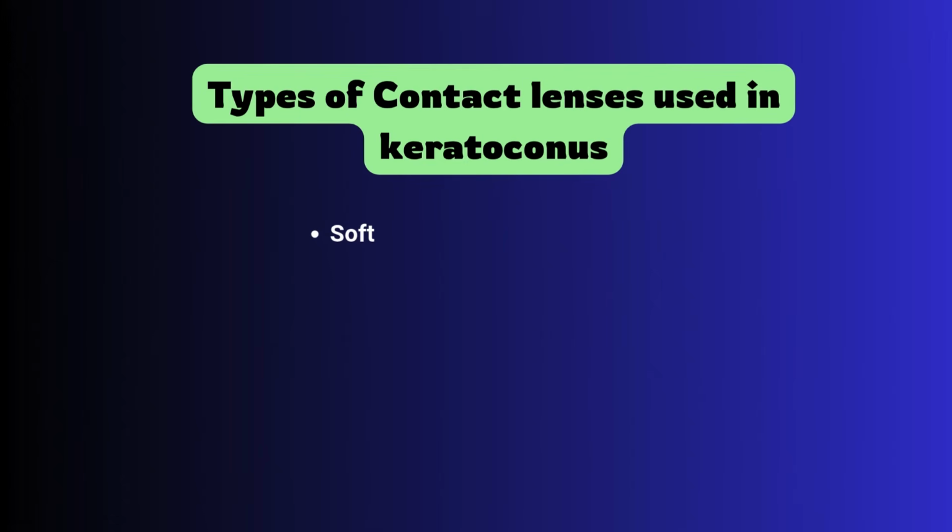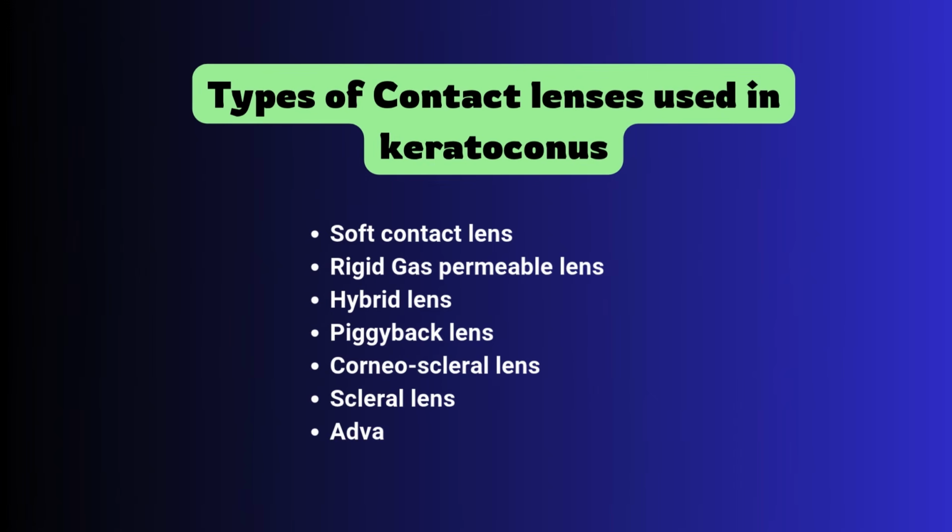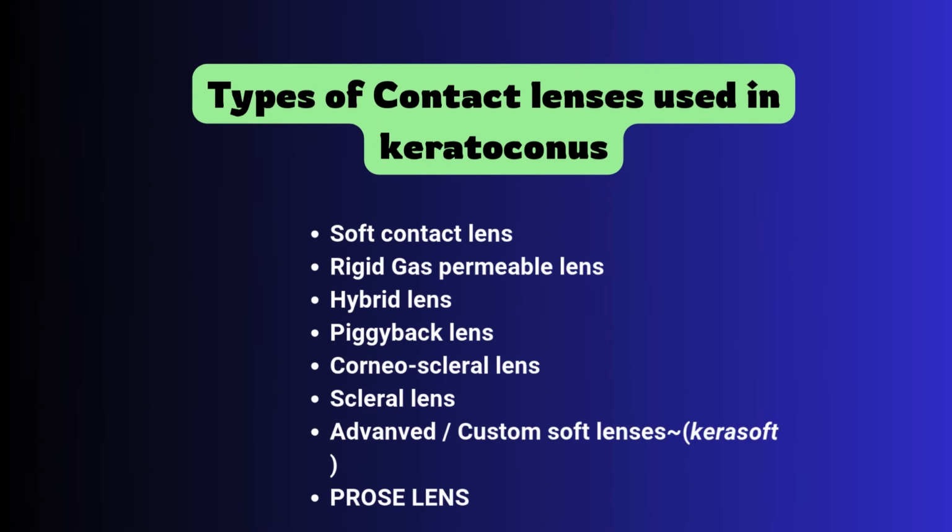Now, let us briefly talk about the contact lens options which are available for keratoconus. So, we have a variety of them. We have soft lenses, the rigid gas permeable lenses, hybrid lenses, piggyback lenses, corneoscleral lens, scleral lens, and even the custom soft lenses like Kerasoft and highly customized scleral lenses like the PROSE lens.